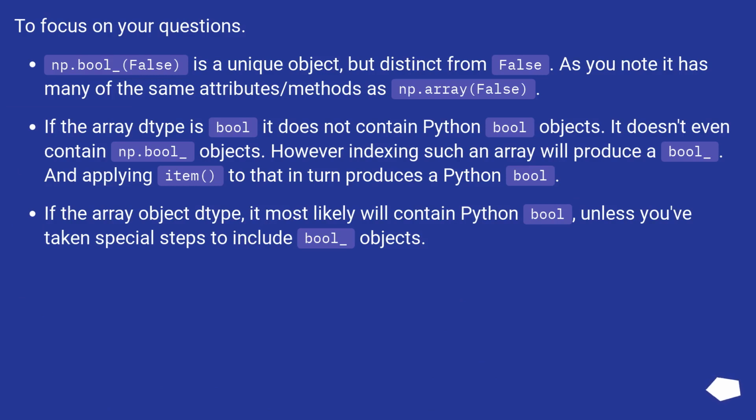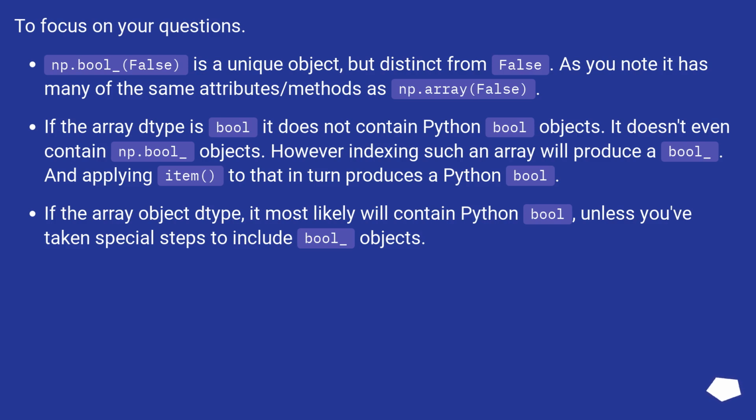To focus on your questions, np.bool_(False) is a unique object, but distinct from False. As you note, it has many of the same attributes and methods as np.array(False). If the array type is bool, it does not contain Python bool objects.